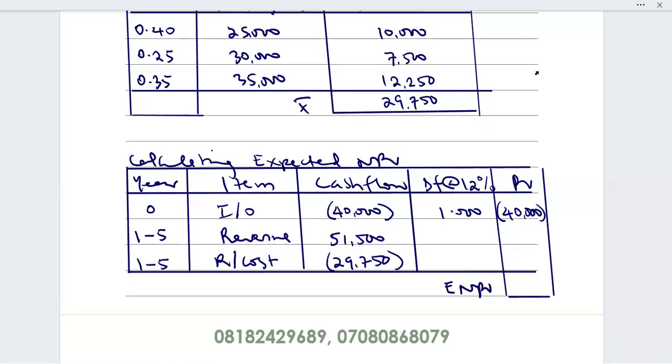So we need to calculate the annuity factor of year 1 to 5 at 12%. That is 3.605. We then multiply that with the cash flow.